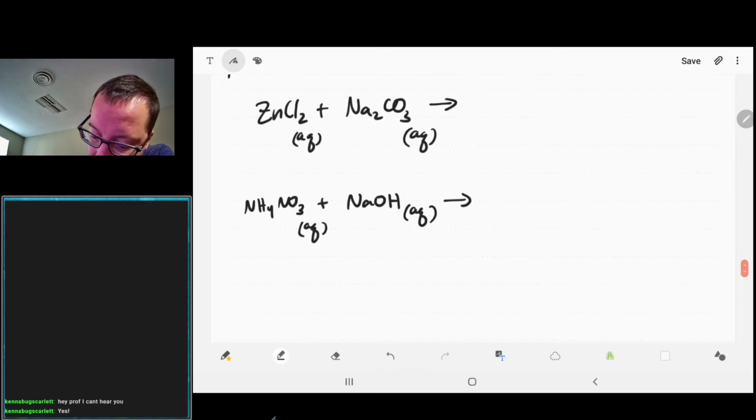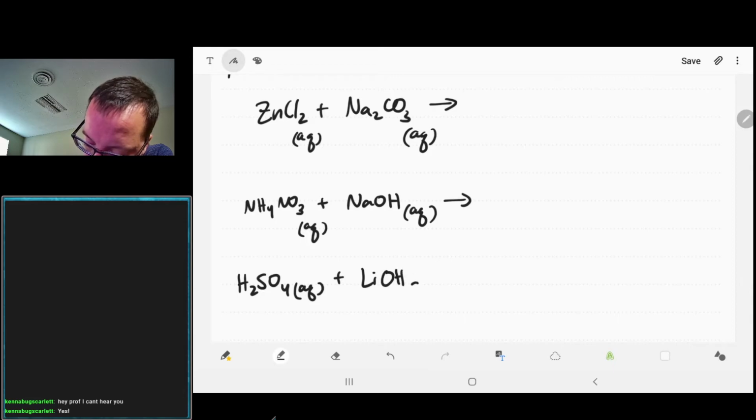And let's do another one. All right. So let's go ahead and practice predicting the products and the states of matter of these three reactions.